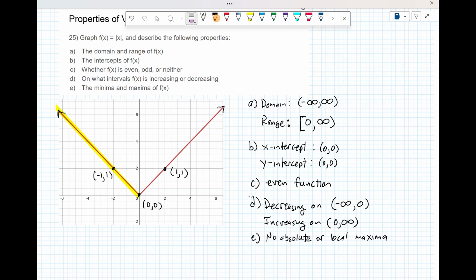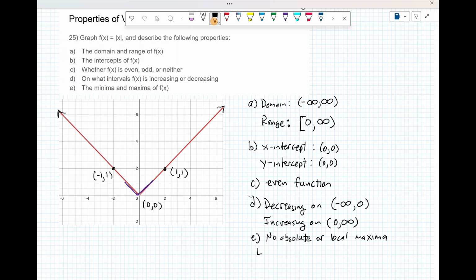In fact, now my valley is more of a V than a U, but that's okay. So we do have a local minimum at 0, 0. And that is also the absolute minimum, right? The smallest possible y value is also 0.